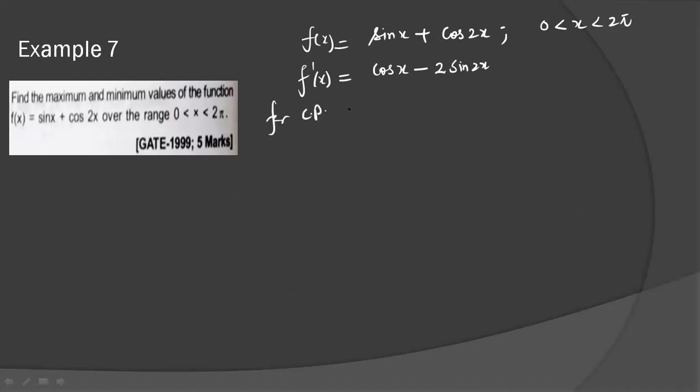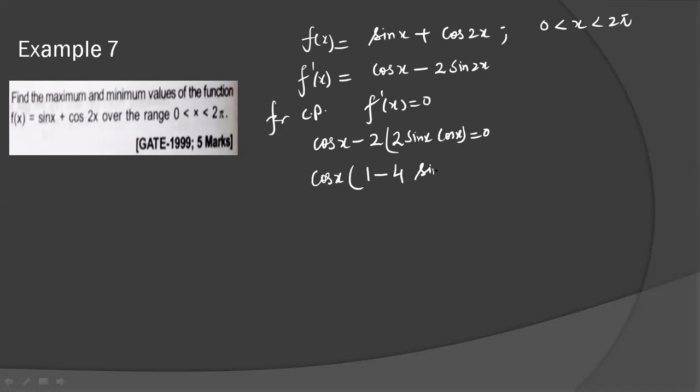For critical points f dash x equal to 0, cos x minus 2 sin 2x, with sin 2x written as 2 sin x cos x, equal to 0. If we take cos x common, it will become cos x times (1 minus 4 sin x) equal to 0. Then you have 2 factors: cos x equal to 0 and sin x equal to 1 by 4.